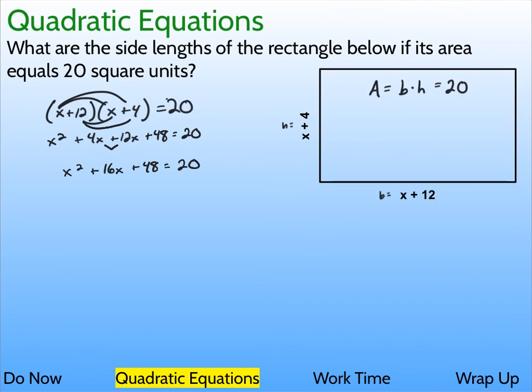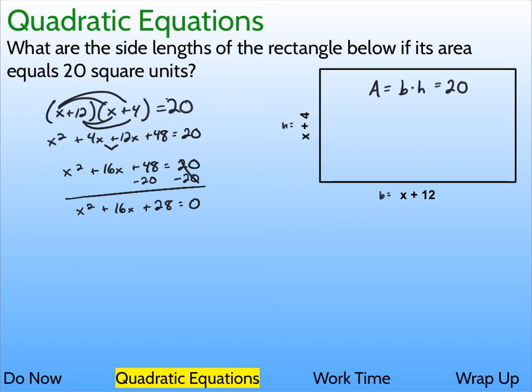And then what we should do here, of course, is get it equal to 0. So to get it equal to 0, we got to get rid of this pesky 20 on the right side. So the way to do that is subtract 20 from both sides, and then that cancels out. And you're left with x squared plus 16x plus 28 equals 0.